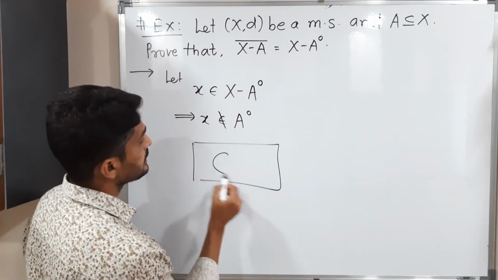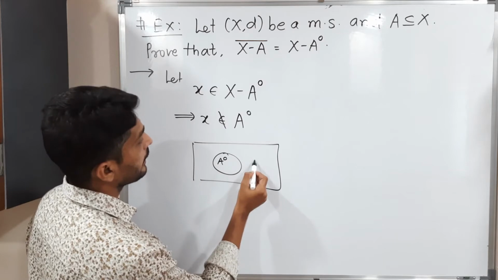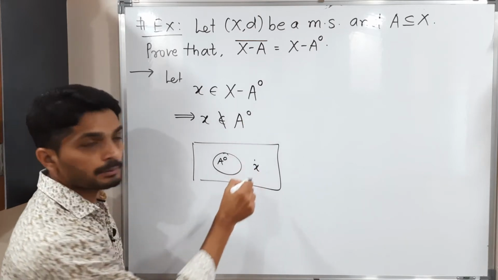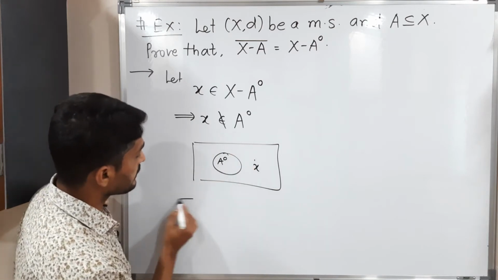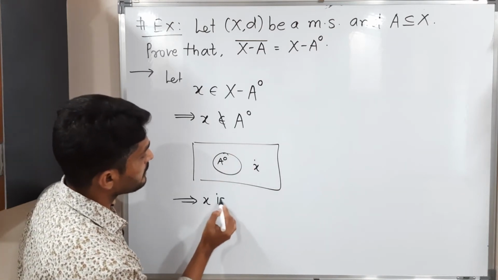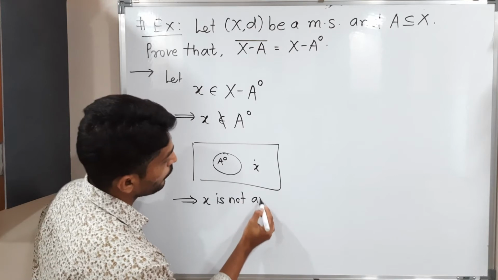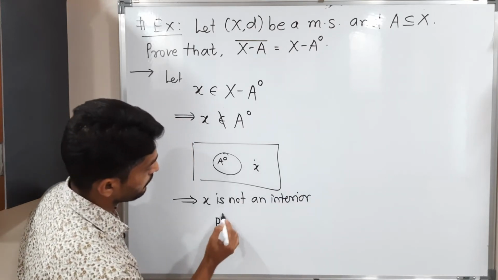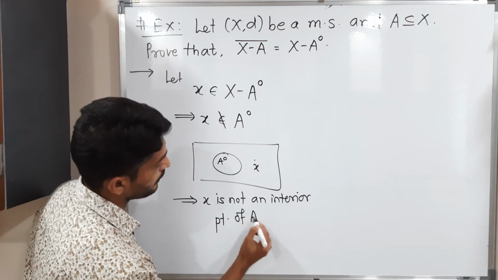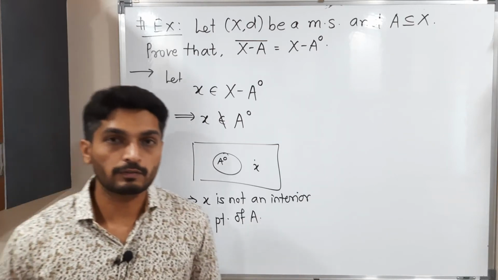Suppose this is A interior, and x belongs to its complement. So that's why x does not belong to A interior. That means x is not an interior point of A.